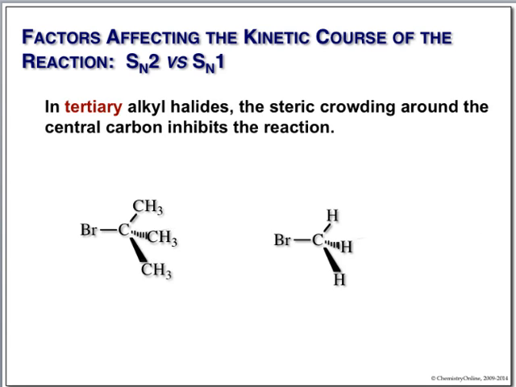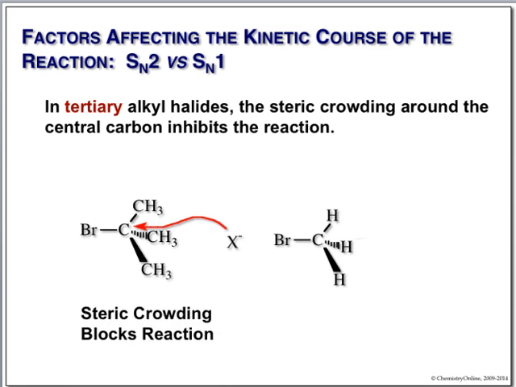If we simply compare bromomethane versus tert-butyl bromide, we have 3 methyl groups here versus 3 hydrogens. If we do this guy, our nucleophile has to somehow work its way into all these methyl groups before it can attack this carbon, and that's difficult. Over here, only hydrogens in the way, no steric crowding. That's why primary is so much better than tertiary.